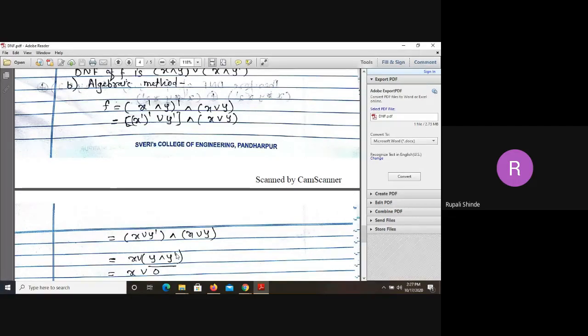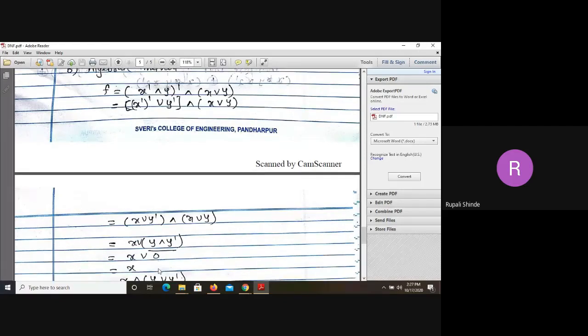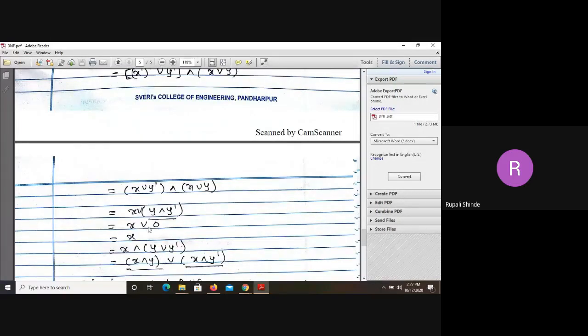So if you consider value of Y as 1, so 1 and 0 means what? 1 into 0. So value for this term is 0 only, that we have written here. So it becomes X or 0. So final value for this term is X only.